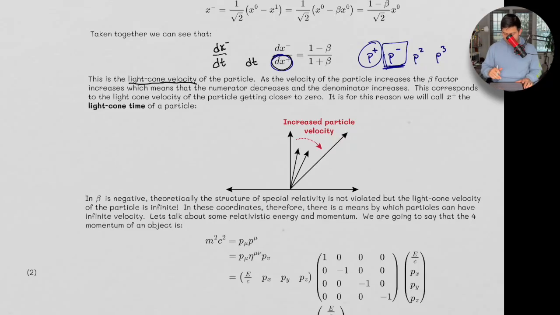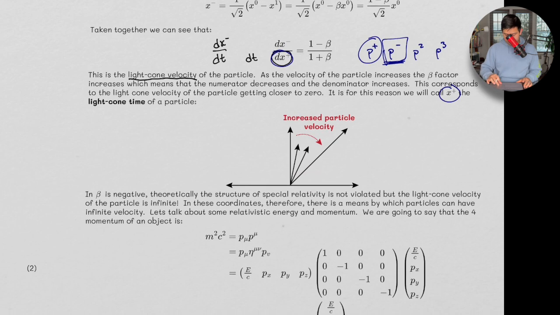It's for this reason that we're going to call x plus the light cone time of the particle. Okay? So as a particle travels faster and faster to the speed of light, it gets closer and closer to this line here. This line here, again, being the speed of light. This is the 45-degree angle of light in our space-time.